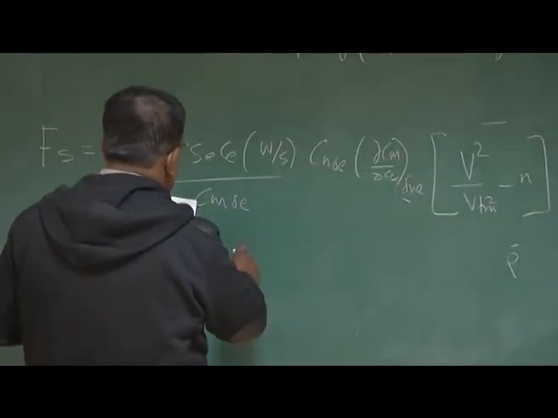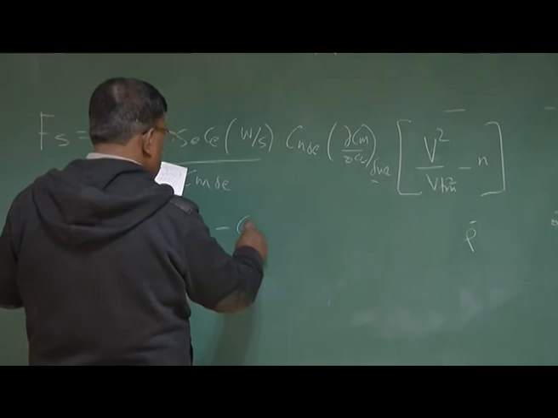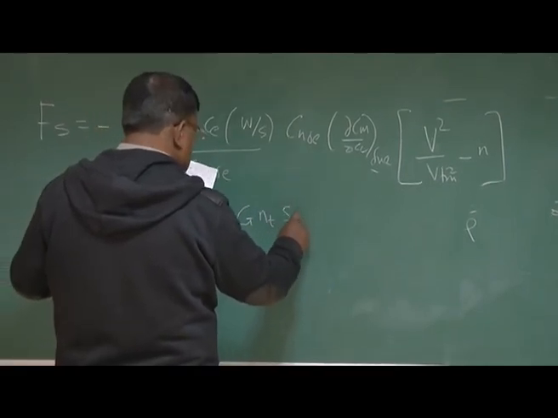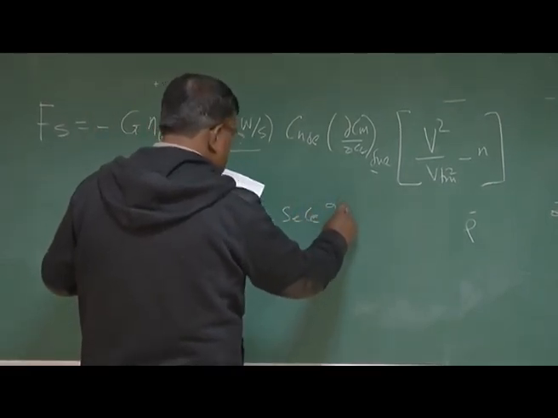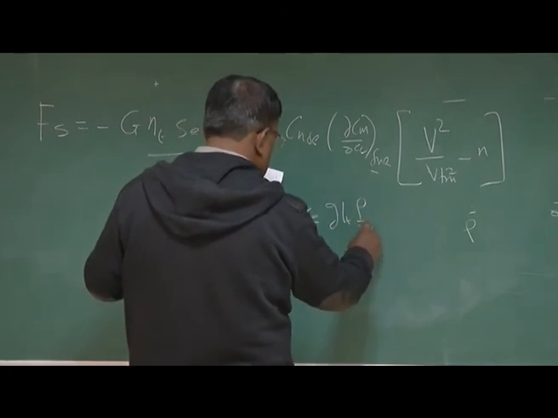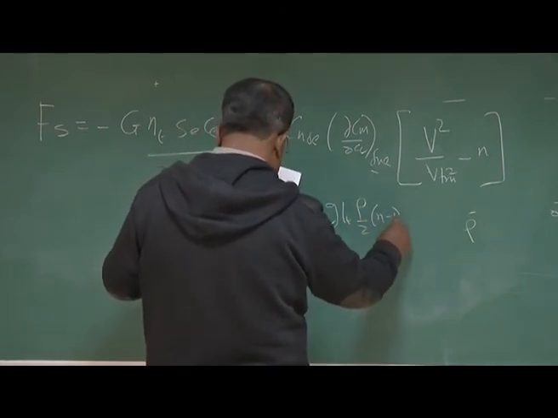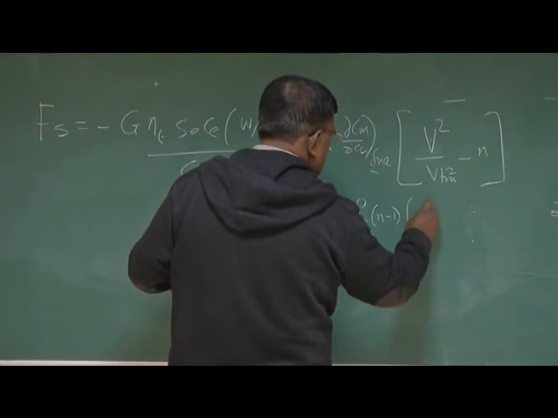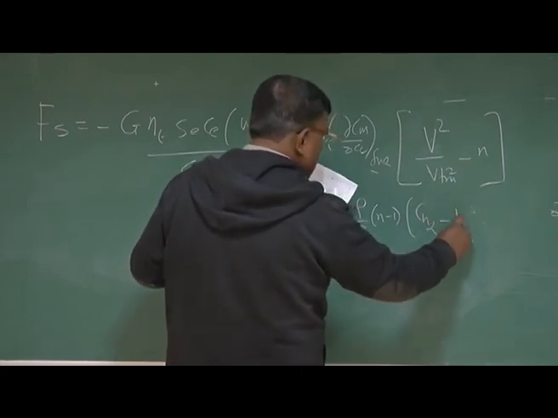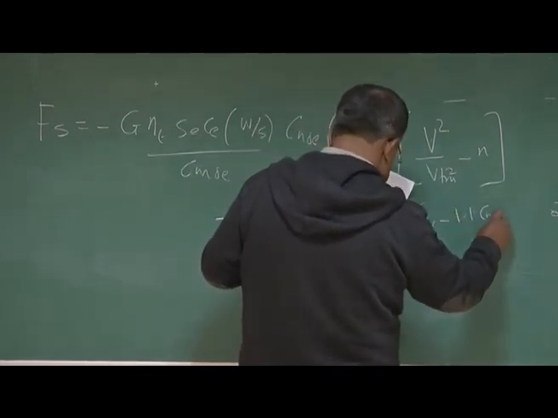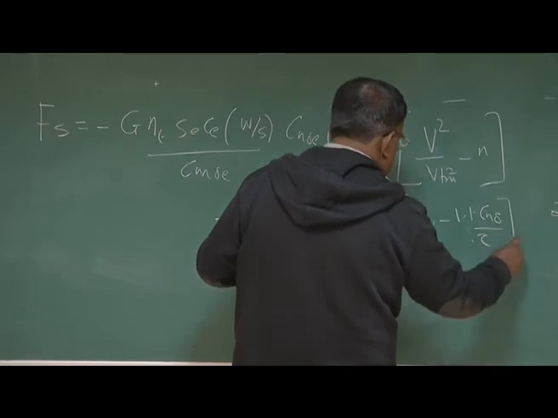Of course, it's not the end of the story. It's minus G eta T AC C G LT rho by 2, n minus 1, into Ch alpha minus 1.1 Ch delta by tau.